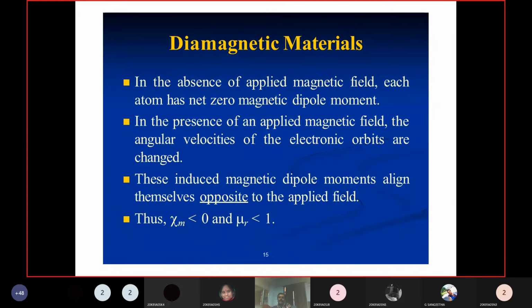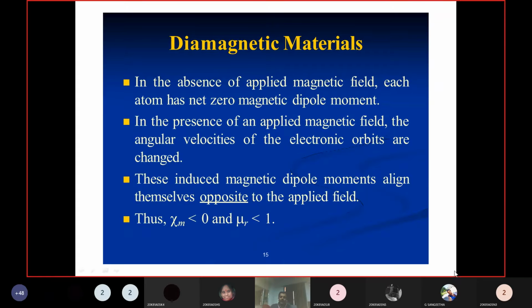But in diamagnetic materials, the dipole moment of the atom is zero. These types of magnetic materials we call diamagnetic materials.